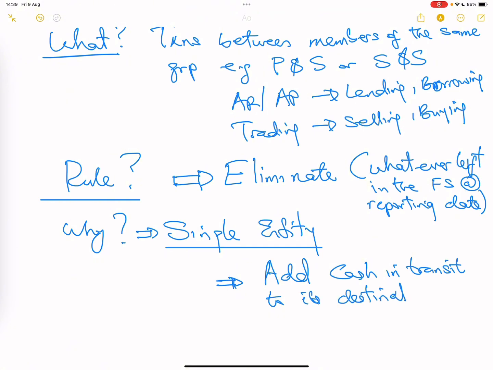What I'm saying here is just assume that it's been delivered. So it's in transit. However, it has not arrived at the subsidiary or parent where it's supposed to be. When you are doing your consolidated financial statement, you need to assume that it has arrived where it is meant to be, right? So that is the rule.